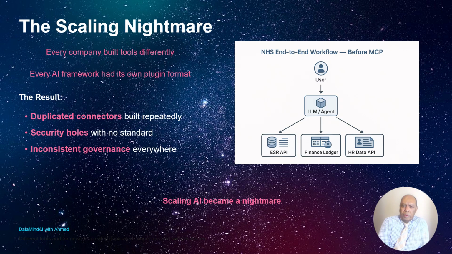And governance was completely inconsistent because there was no standard way to manage permissions, access control, or audit trails. Scaling AI across an enterprise had become, quite frankly, a nightmare. The very thing that was supposed to make our organization more efficient was becoming a source of technical debt and operational complexity.